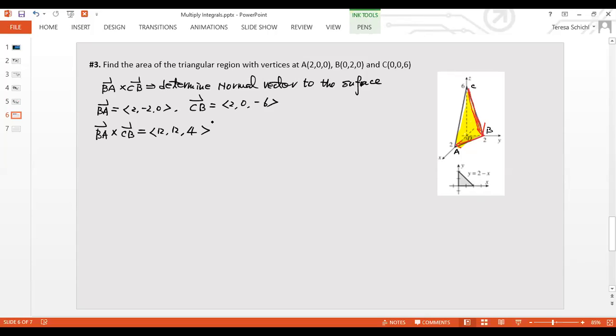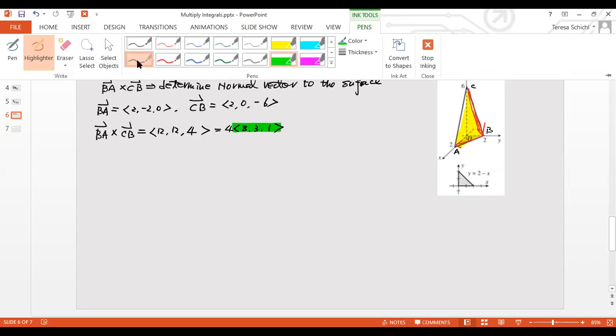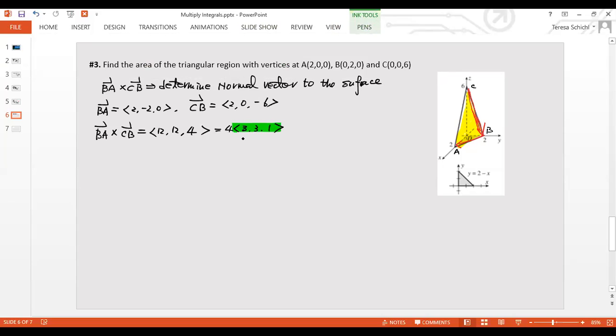Now you can take out the 4, so this will just be 3, 3, 1. Of course you want to simplify. You can use 12, 12, 4, but if you factor it out, it is a lot easier to do the calculations. Remember, in the vector section, we need a normal vector and a point, right? So let me choose 2, 0, 0 as the point here.